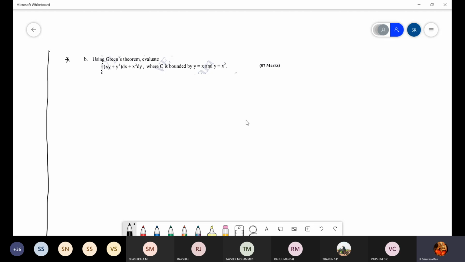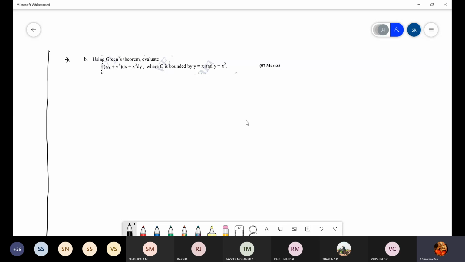Using Green's theorem, evaluate the line integral over C of (xy plus y square) dx plus x square dy, where C is bounded by y equals x and y equals x square. Evaluate means you should calculate only one, either left hand side or right hand side. What is given is the left hand side, of the form M dx plus N dy.